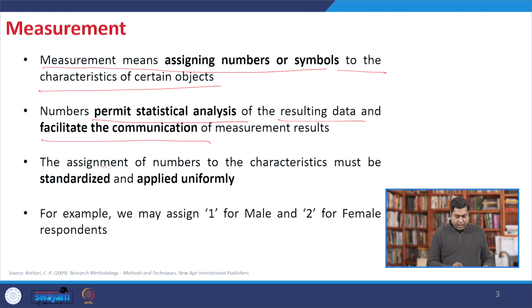The assignment of numbers to the characteristics must be standardized and applied uniformly. This is very important. Whenever we are going to measure something, that should be standardized. Say if I want to measure the length or width of a road, or the height of a building, in all such cases there should be a standard way of measuring it, so that the collected information can be compiled very easily.